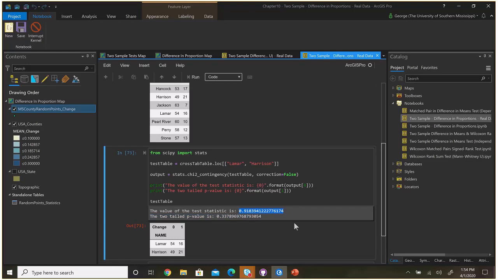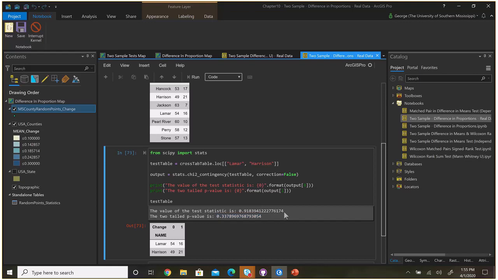Z-values are measured in standard deviations away from the mean. We can see that we're still less than 1 standard deviation away from the mean here, which probably means our p-value is going to be pretty high, relatively speaking.